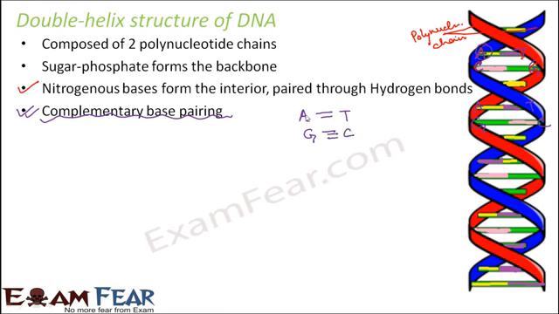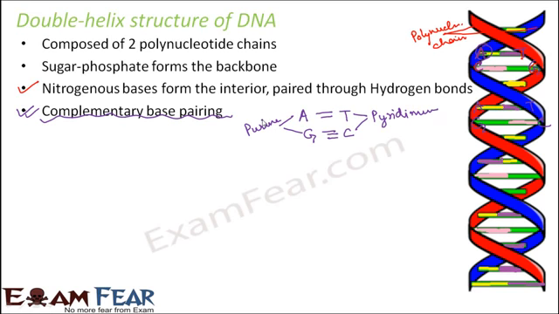One double bond binds adenine to thymine, whereas one triple bond binds guanine to cytosine. Here, thymine and cytosine are the pyrimidines. And A and G are purines. So basically one purine will pair up with one pyrimidine.